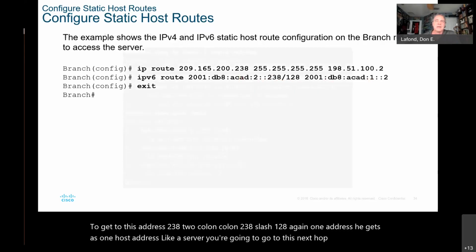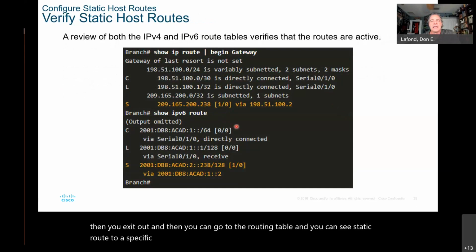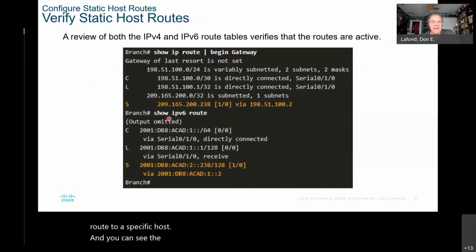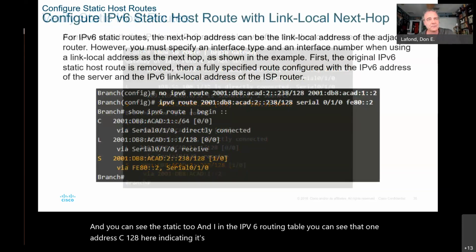Then you exit out and go to the routing table, where you can see the static route to a specific host. You can see the static route in the IPv6 routing table, that one address, with /128 here, indicating it's an IPv6 static route.